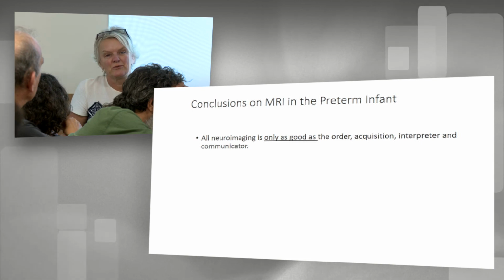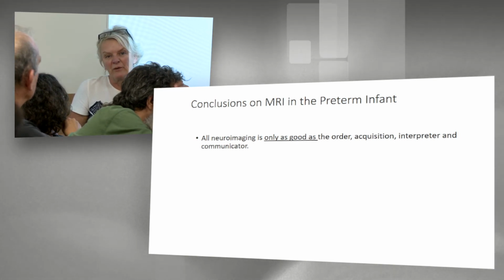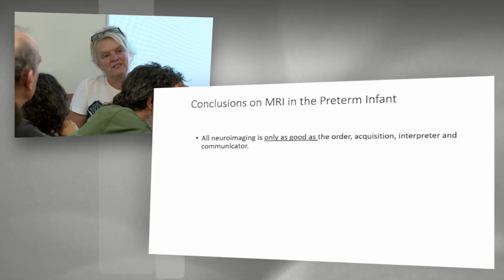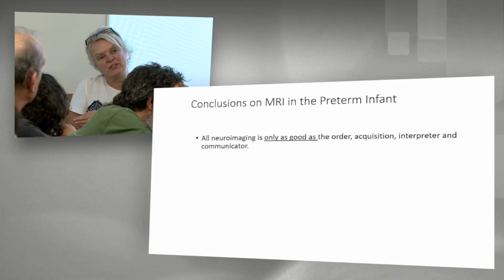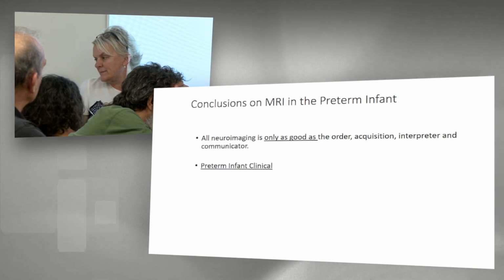Neuroimaging is just a tool. It's not an answer. It's a tool for you to apply to a question to provide you with data that you translate into knowledge that you can then inform with.